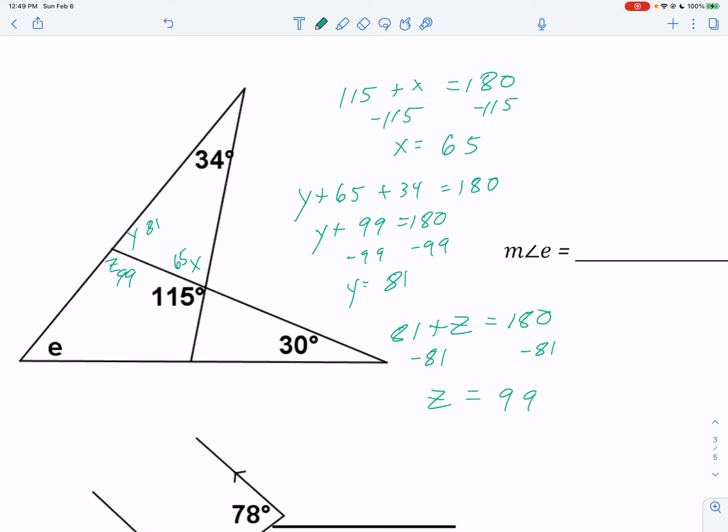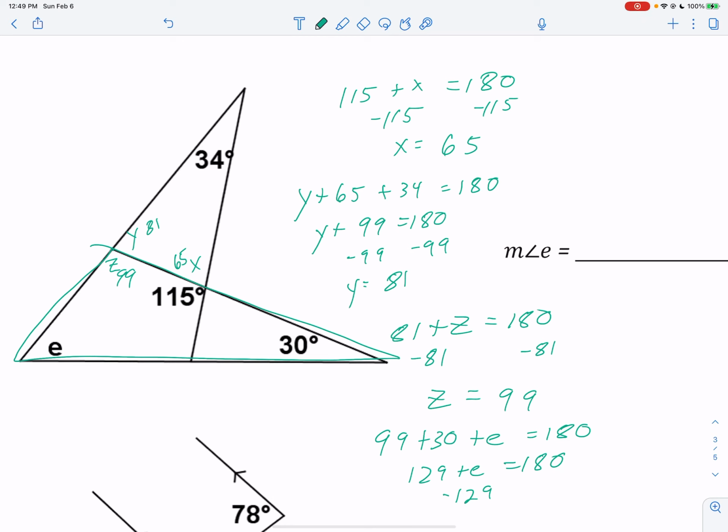Now, that was useful. The reason I found out this angle is because this angle and this angle are the three angles of this triangle right here. If I add up 99 plus 30 plus E and set it equal to 180, because they all add up to be 180 degrees inside of a triangle, I get 129 plus E equals 180.